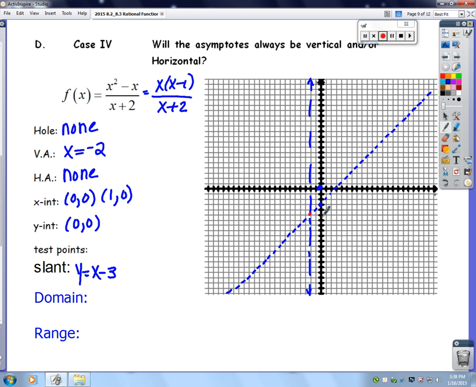I'm sorry, right 2 up 5. So I'm going to go left 2 down 5. All right, that gives me a point. All right, let's graph (1, 0). And that's going to give me a point. So that's right 3 up 5. So let's go left 3 down 5.